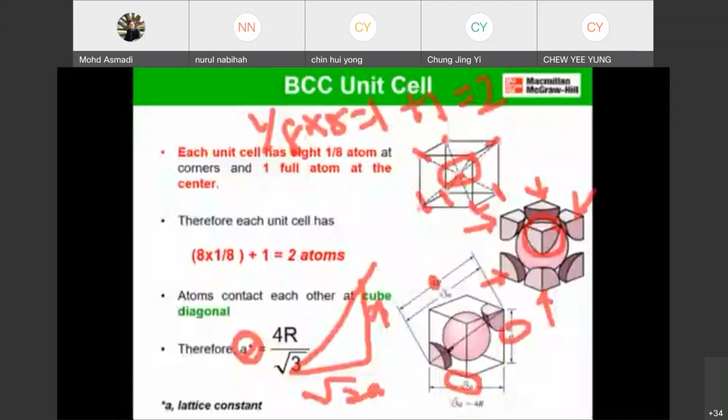Because this one is 1R, 2R, 3R, 4R. So if you calculate, this one you can get square root 3 A.